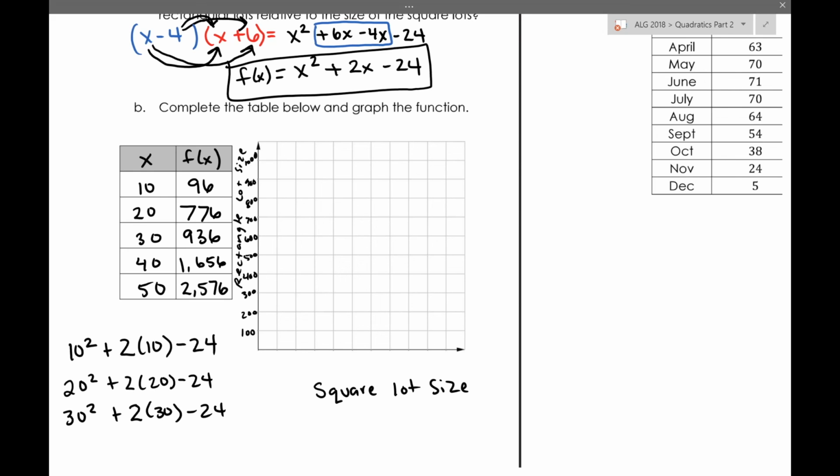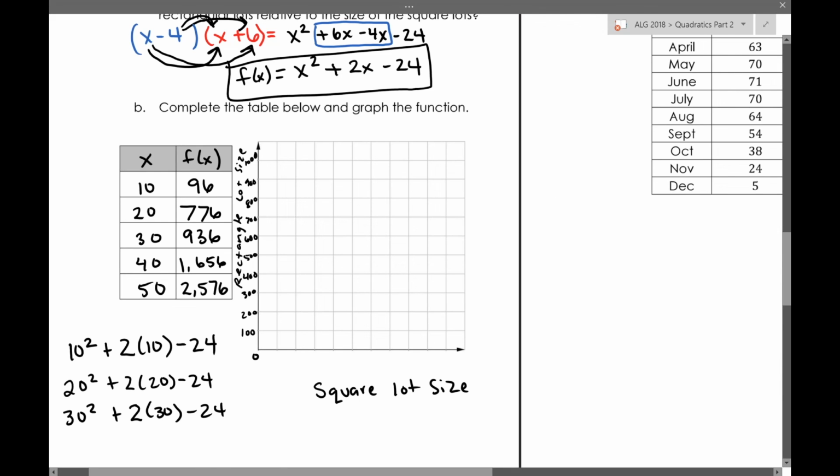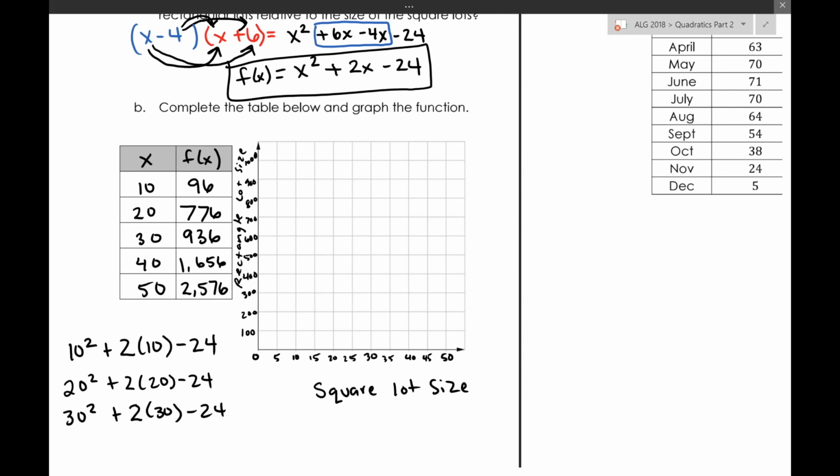So now this will be 0, of course. My square lot sizes go up by 10s, so let's go up by 5s here. So I have 5, 10, 15, 20, 25, 30, 35, 40, 45, and 50. This way, not everything is jumbled up together.